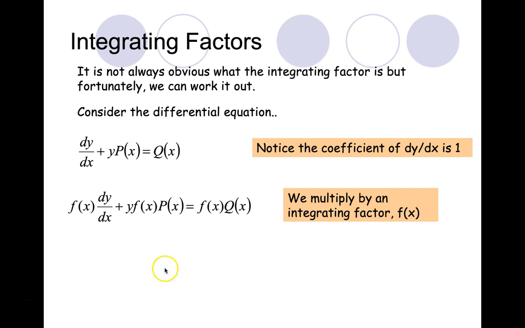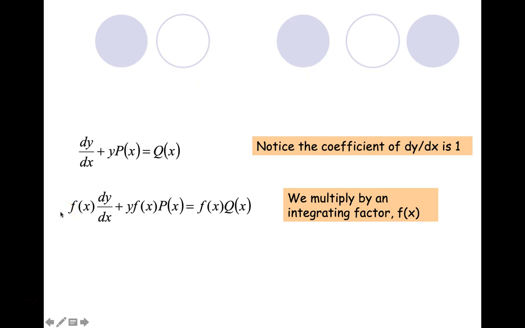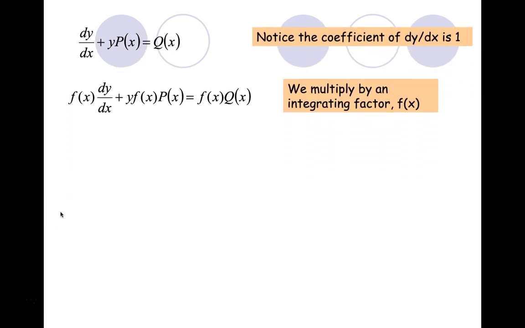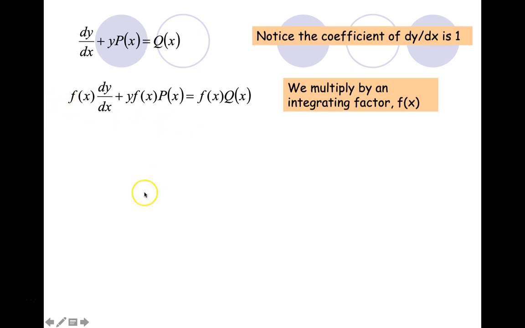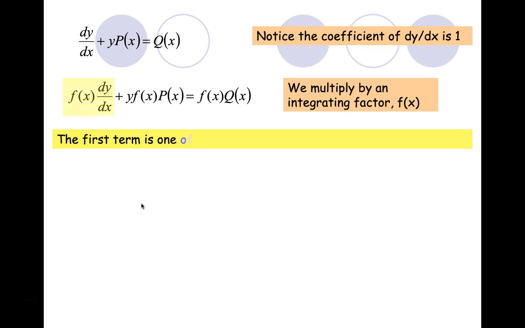And then what we now know is that the left hand side here should be an exact derivative of something, right? So the first term is the term we get when we differentiate y times f of x. If you differentiate y times f of x, then you use the product rule.